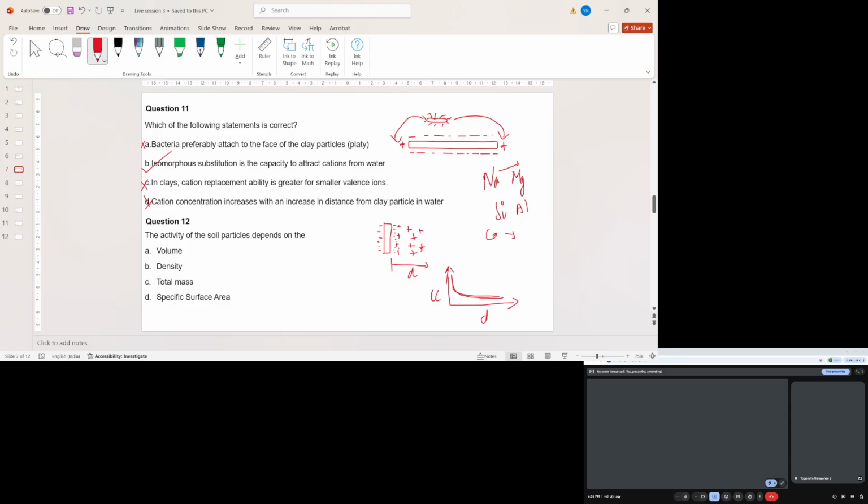Coming to question number 12, the activity of the soil particle depends on: option A, volume; option B, density; option C, total mass; and option D, specific surface area.